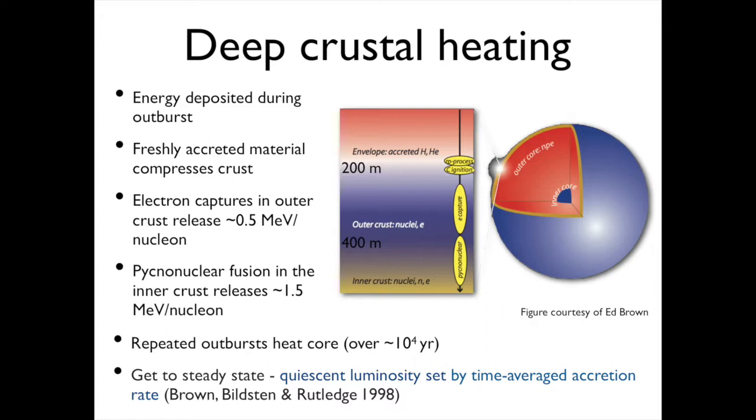So this injects energy into the neutron star and keeps it hot, and over repeated outbursts, timescales something like 10^4 or 10^5 years, you get into a thermal equilibrium where the core is kept warm by the accretion during the outburst period and cools off slightly during quiescence.